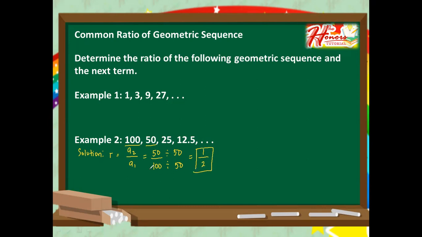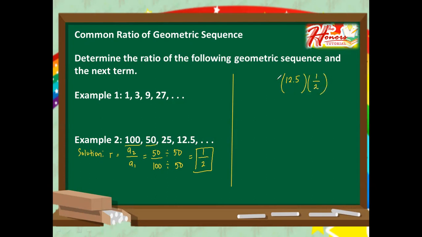So as you can see here, we have to multiply 12.5, the last term, by 1 half. Let's do it, but let me write it at the right side. So we have 12.5 times 1 half.